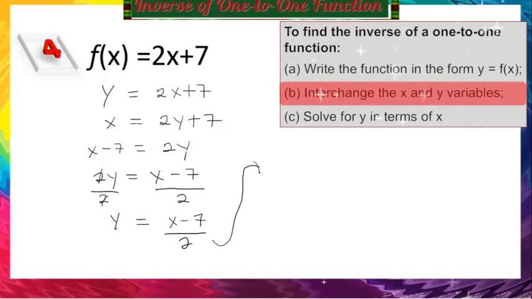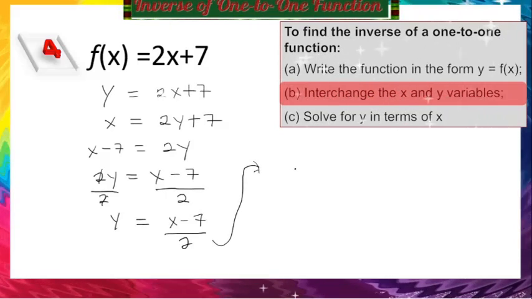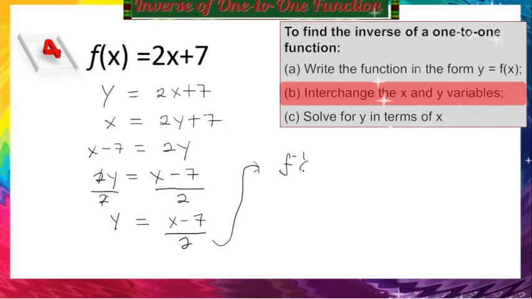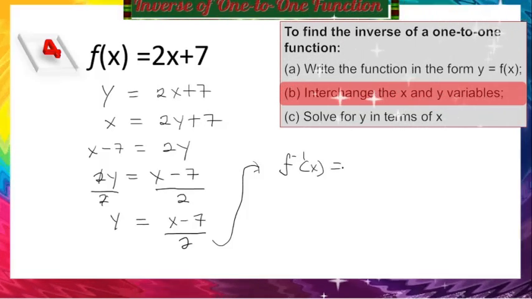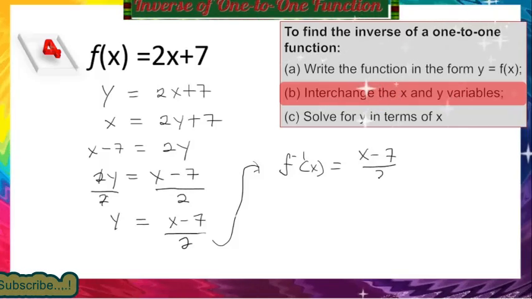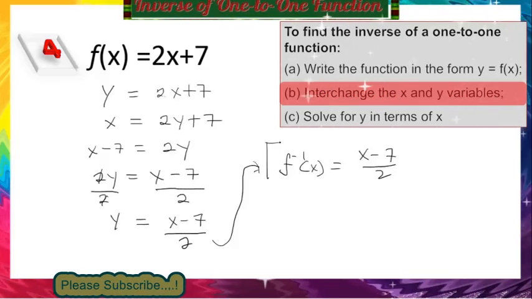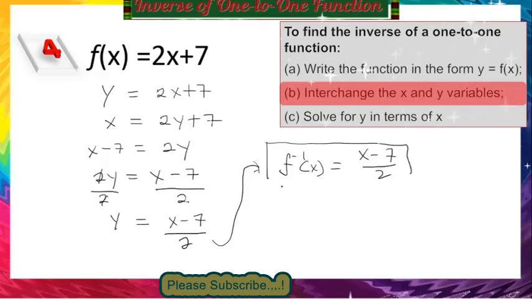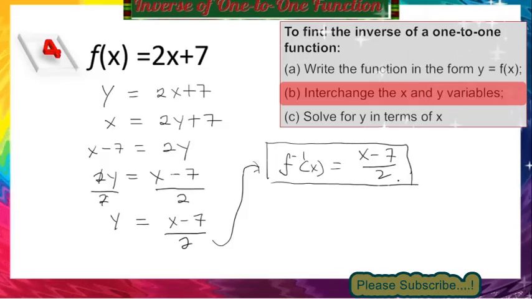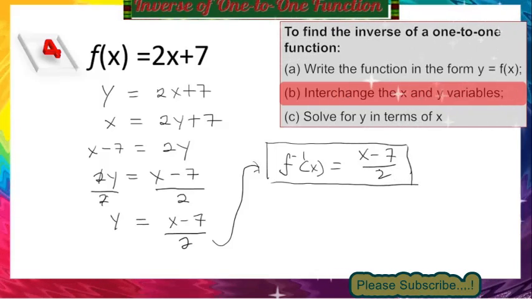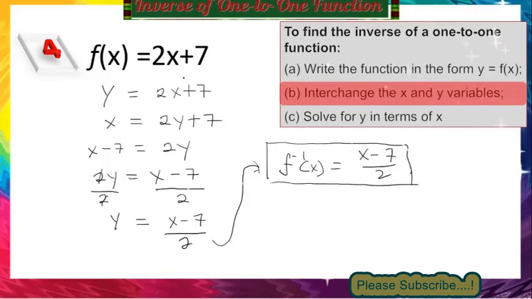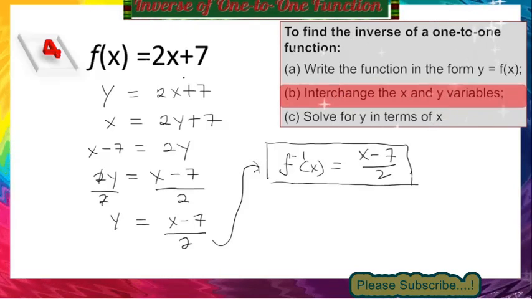So our inverse function of the given function is this one. Okay, that is now the inverse function of the given f of x equals 2x plus 7. Okay, next.